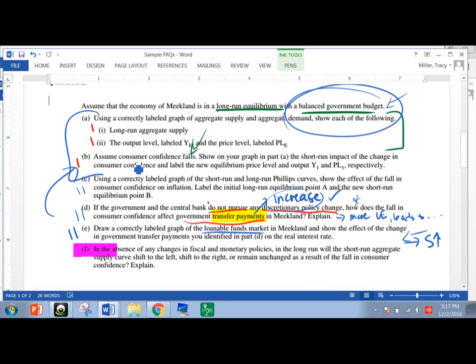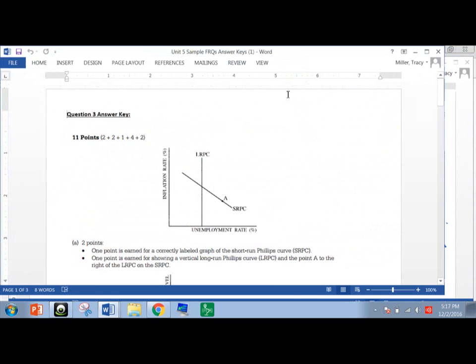We just left the economy alone. That's what this is saying. In the long run, will the short run aggregate supply curve shift to the left, shift to the right, or remain unchanged as a result of the fall in consumer confidence? Explain. You do not have to graph this, but you have to envision it.